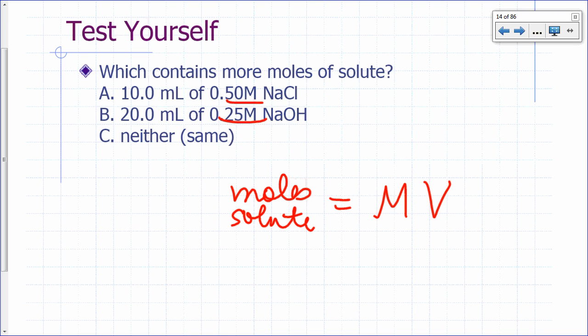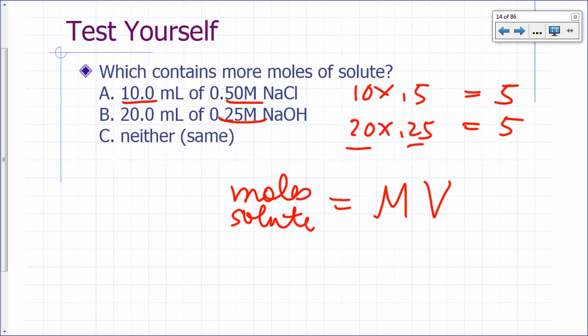Let's just multiply 10 times 0.5 versus 20 times 0.25. 10 times 0.5, half of 10 is 5. 20 times 0.25, that's a quarter of 20, that's also 5. So the answer here would be the same.